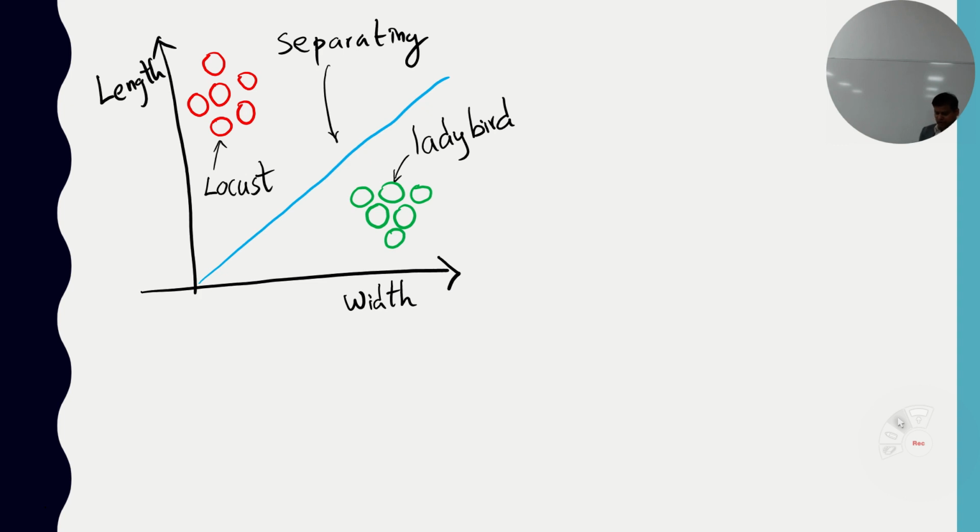Suppose you already have this separating line. Once you have this line in place, if a new bug comes in with a certain length and certain width, you can clearly see which category it falls in, either on the locust side or on the ladybird side, just like this scenario here.